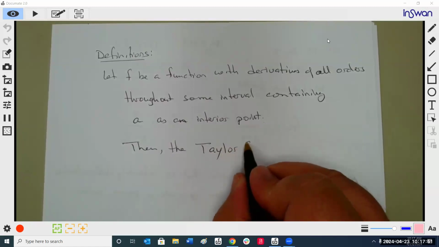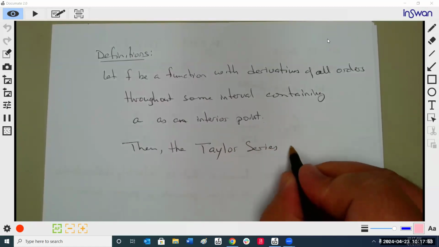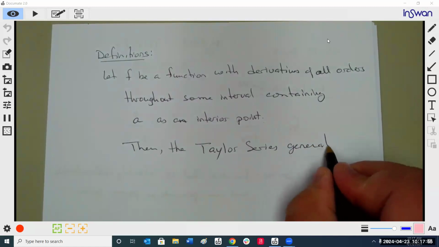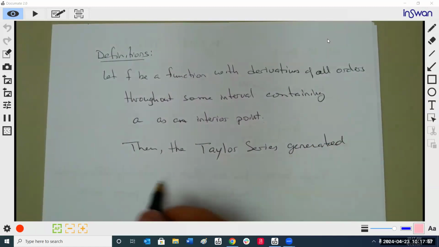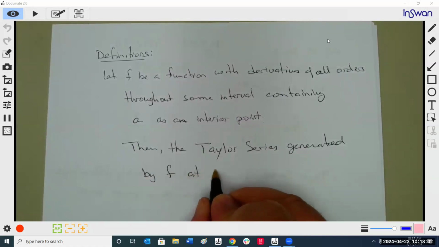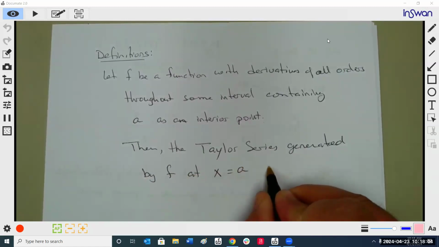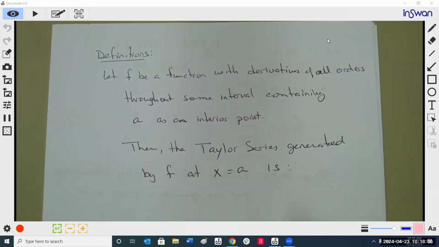Then the Taylor series generated by the function f at x equals a is this.